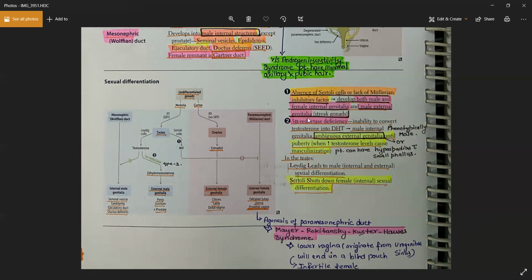Now, what happens in case of this 5 alpha reductase deficiency, see, it is a deficiency. So whenever you got a high amount of dihydrotestosterone, then only you can have this activation of the remaining receptors or these enzymes, right? See, let's suppose initially, because of the deficiency, you're only having 100 of these enzymes working.